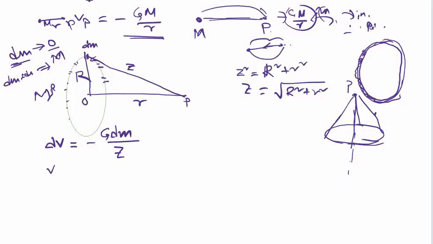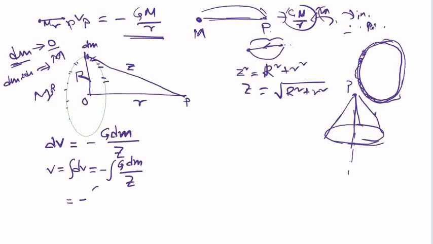Now what is V? Nothing but the integration of dV. I am integrating all these potentials. I told you potential is a scalar quantity, so I simply add it. Now I am getting minus the integration of G dm by z. You see here G is constant, z is constant, so I don't have any variable here.